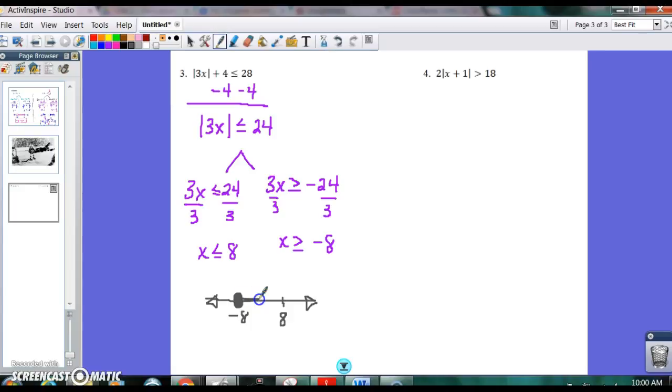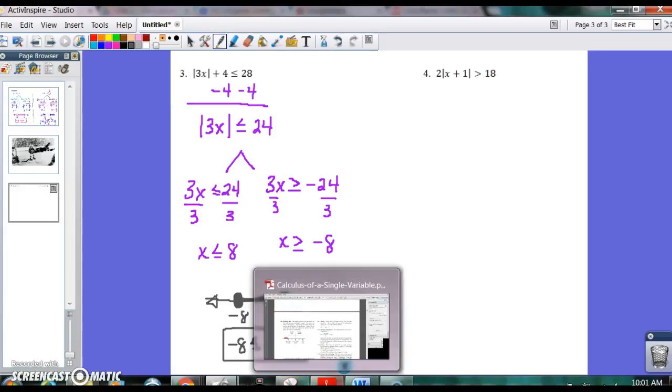I'm going this way. I'm less than or equal to +8, so I have a closed circle here. And I'm going this way. And there you go. So if I write it out, I have -8 is less than or equal to x is less than or equal to 8. And that is my answer.